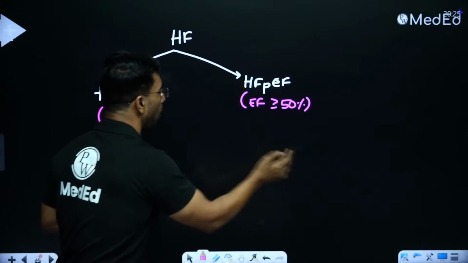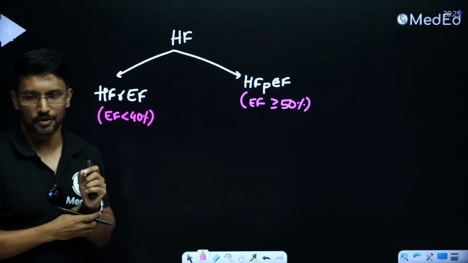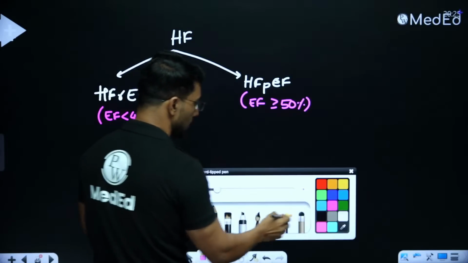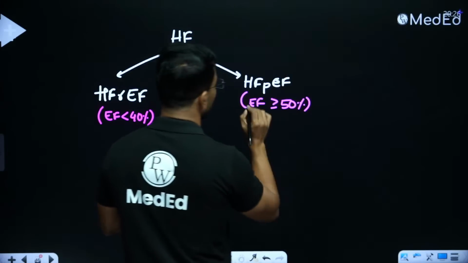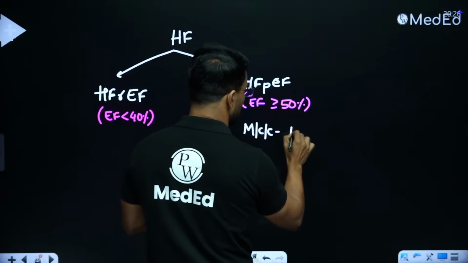If the EF falls between these values, we call it heart failure with mid-range ejection fraction, right? So the most common cause for heart failure with preserved ejection fraction is hypertension.